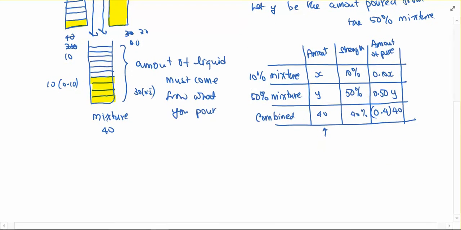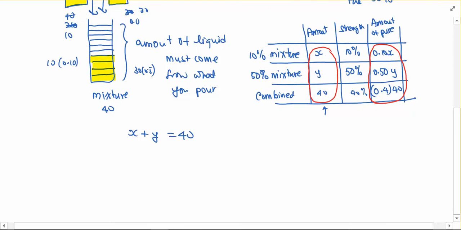Now, you can easily get equations out of this. The amounts poured right there are going to give you one of the equations. You're going to show it's x plus y equals 40. And this is going to give you the other equation. The strengths poured must also equal out, right? So 0.10x plus 0.50y must equal 0.4 times 40.